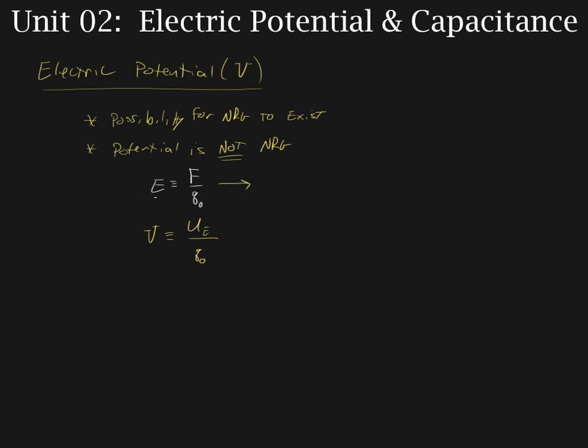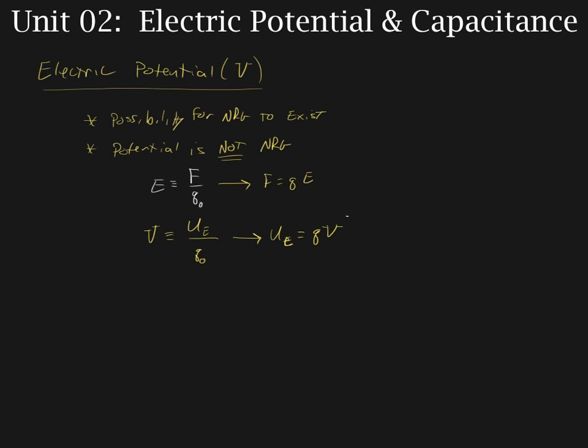Oftentimes, we write the electric field E is equal to F over q. We'll write that as F is equal to qE. And oftentimes you will see that electric potential energy is written as q times V.